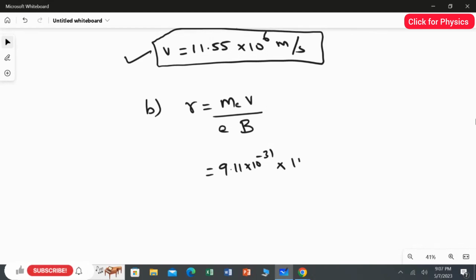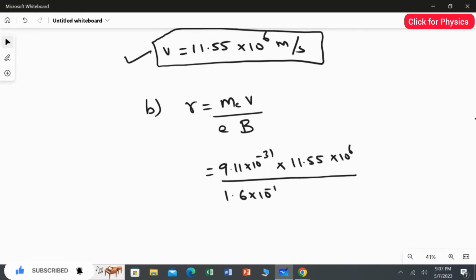Here the speed is 11.55 multiplied 10 power 6, divided by the magnitude of the charge of the electron, 1.6 multiplied 10 power minus 19, multiplied by the magnetic field, 200 millitesla, so 200 multiplied 10 power minus 3.